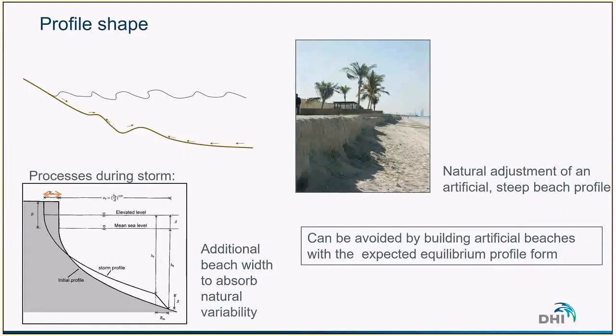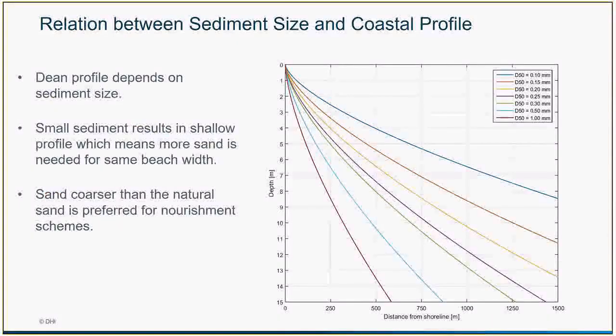We should also keep in mind that as this is very much related to events, in a similar way to the plan form, we should add some additional beach width to absorb the natural variability of the profile. To anticipate the equilibrium profile of a beach, we use the Dean profile, which relates the sediment size and the coastal profile.